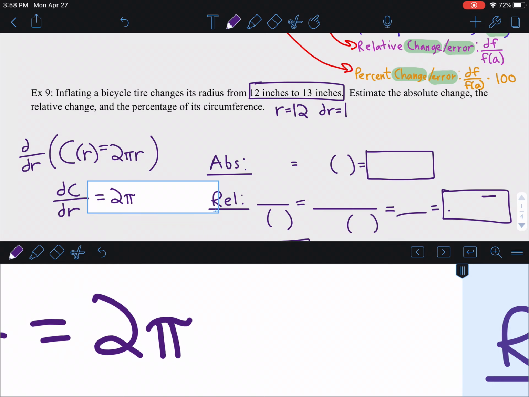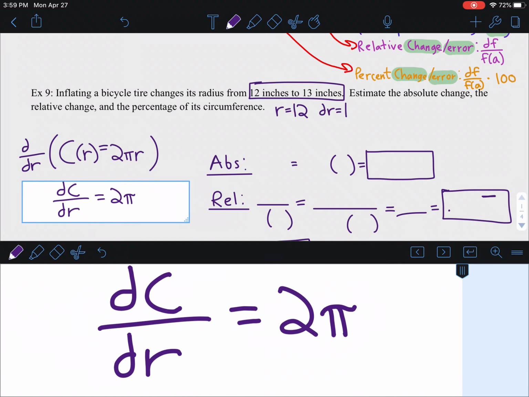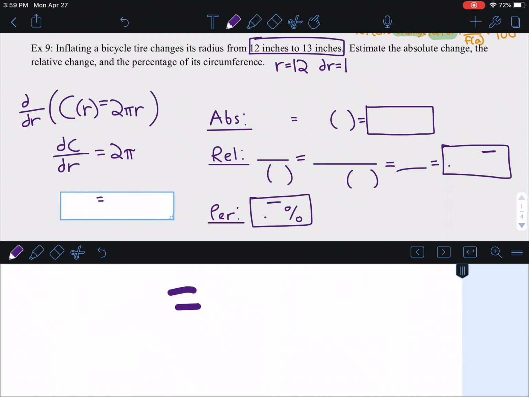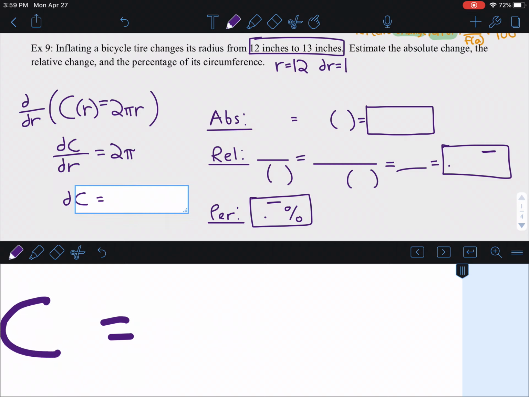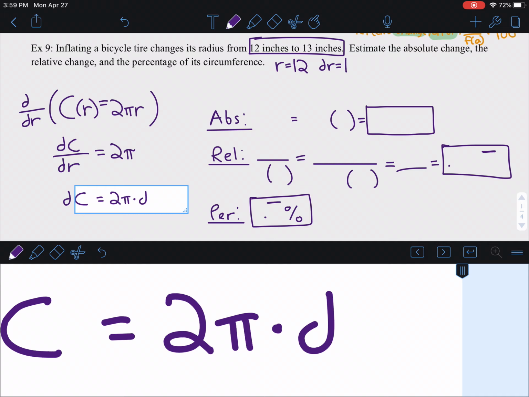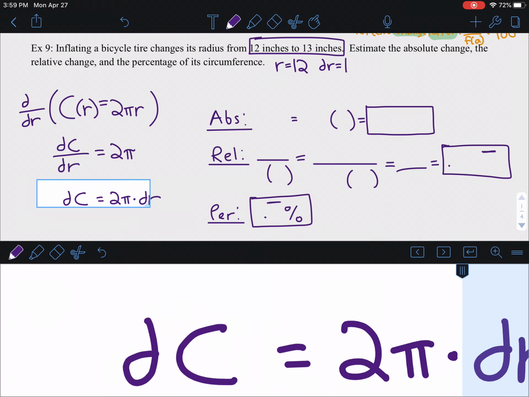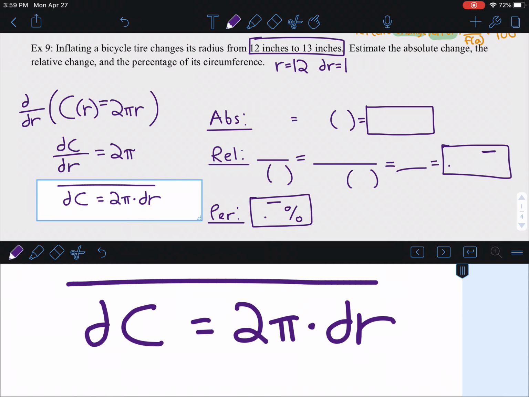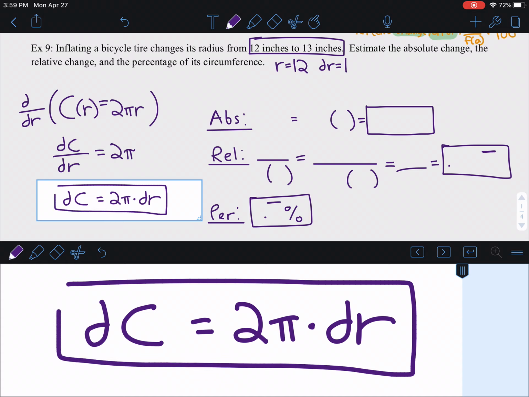And so I get just 2 pi. Okay? And now I'm going to go ahead and multiply the dr over to the other side. And so we get dC equals 2 pi times dr. Okay, so there's my formula for the differential of the circumference.